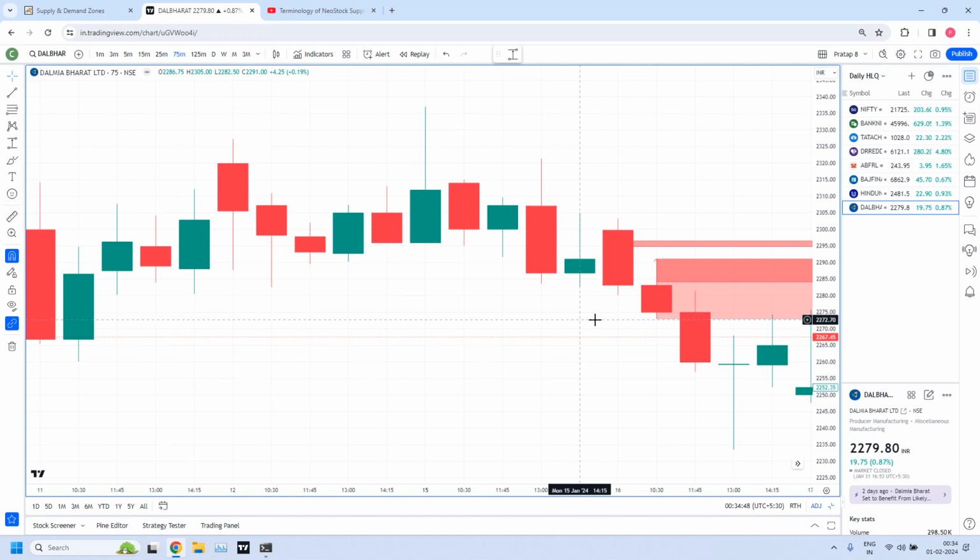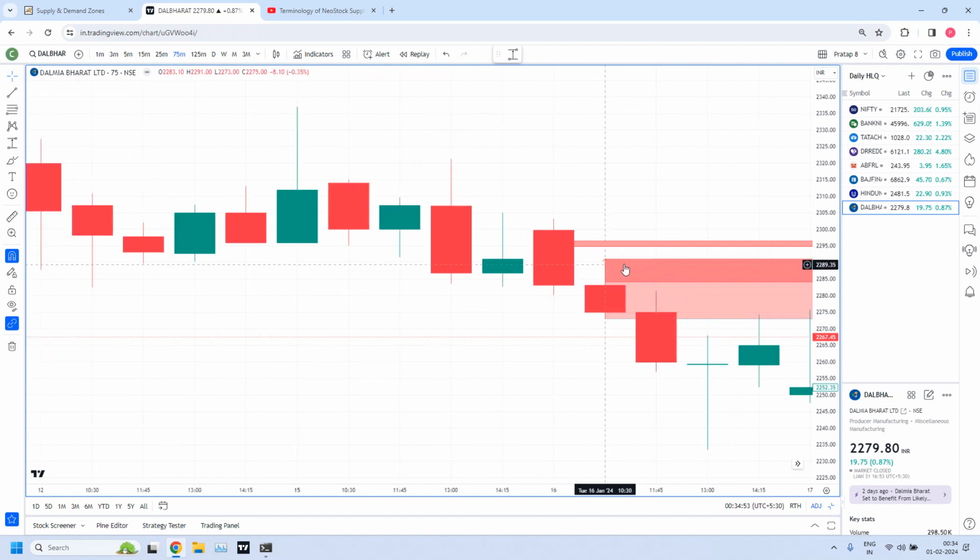Majority of the times, not always, when you have a 15-minute zone or a 5-minute zone at the distal line of this, the 5 minutes meaning fine-tuned 5 minutes, that means the 5 minutes should be inside the 15 minutes.